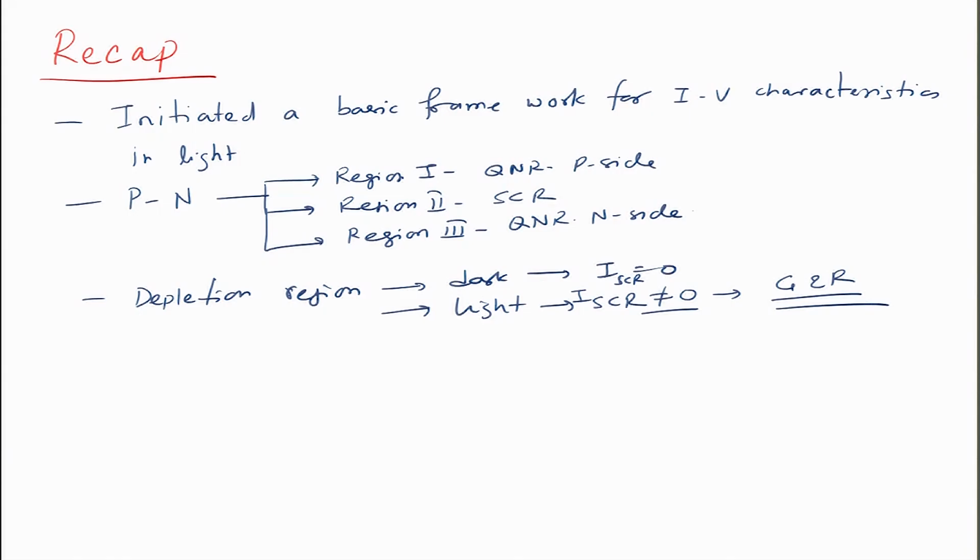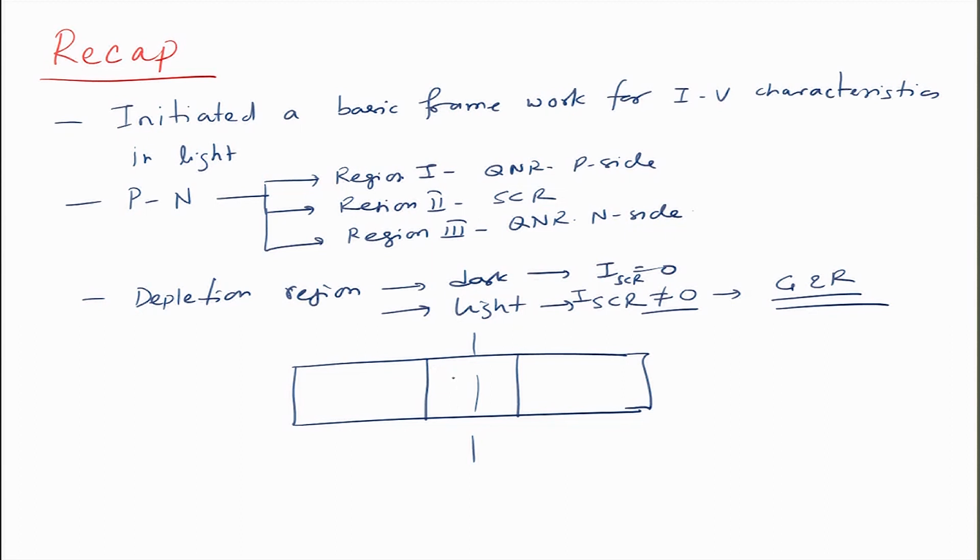Remember this region. Although it is a depletion region, what does it mean? On this side, if this is P and this is N, you are going to have acceptor ions, and on this side you have donor ions.